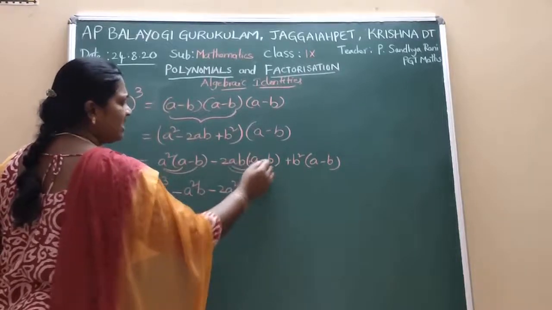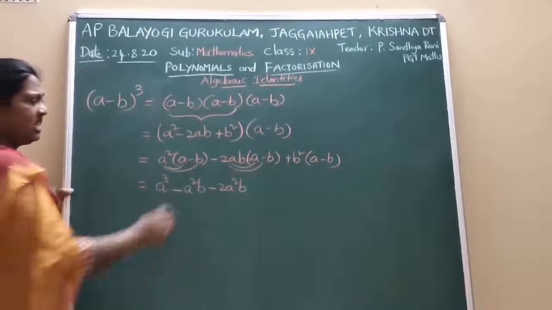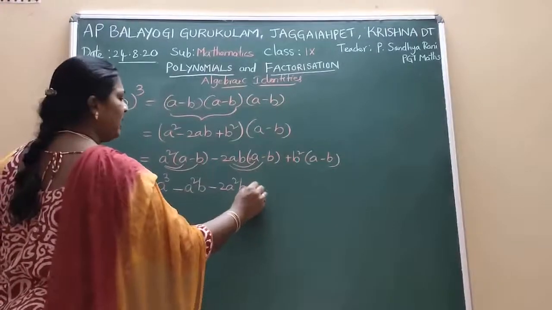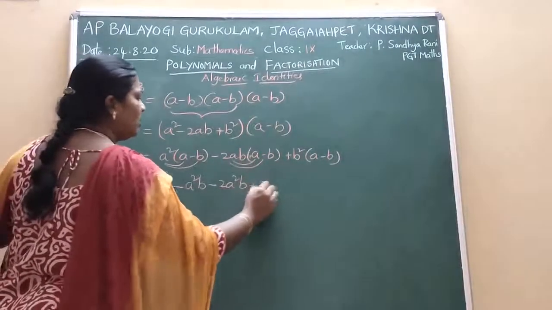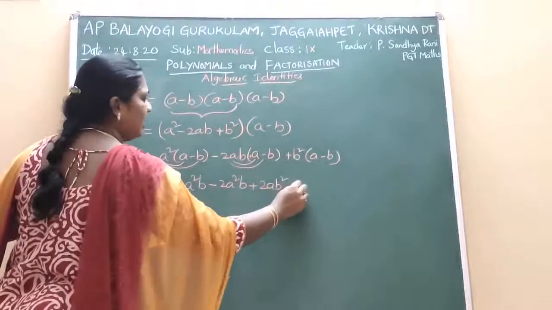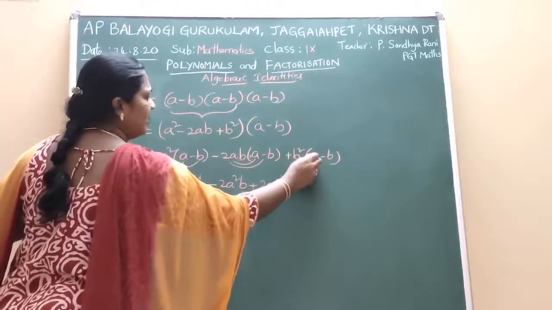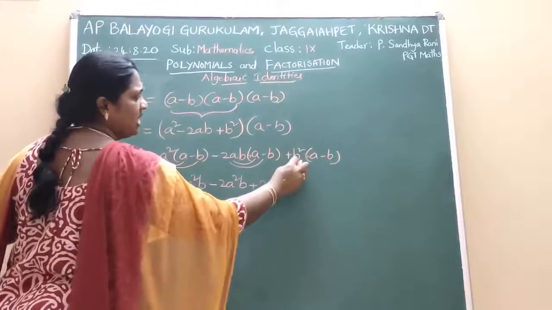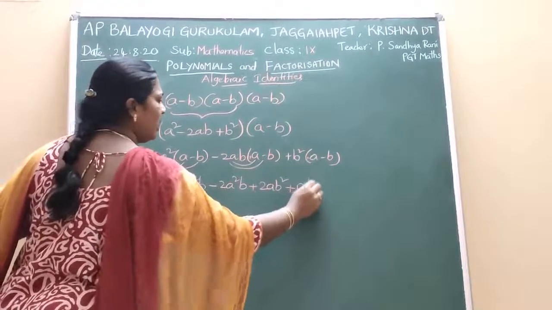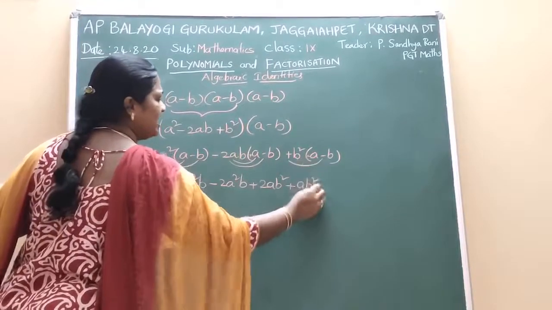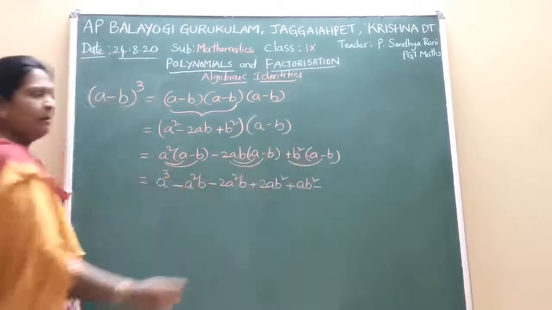Again, first multiply the signs, minus into minus, that is plus, so 2ab into b, 2ab square. Plus b square into a, ab square. Again plus into minus, minus, b square into b, b cube.